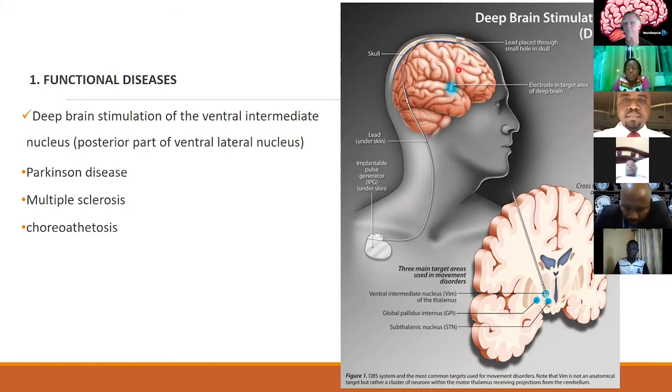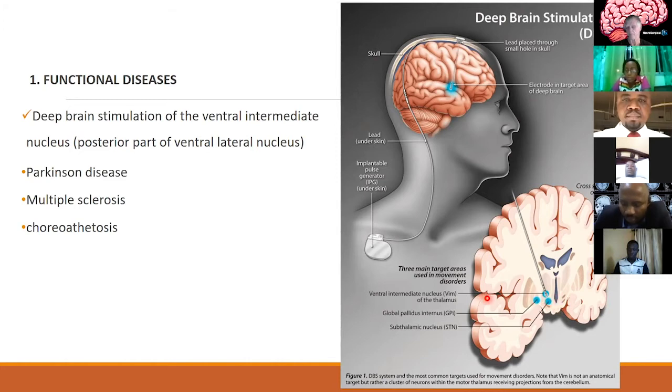I think we talked about it last time when we were talking about the basal ganglia, that deep brain stimulation could be used to regulate dyskinesia. So these are the different nuclei which could be stimulated to regulate dyskinesia, rigidity, tremor, or dystonia.